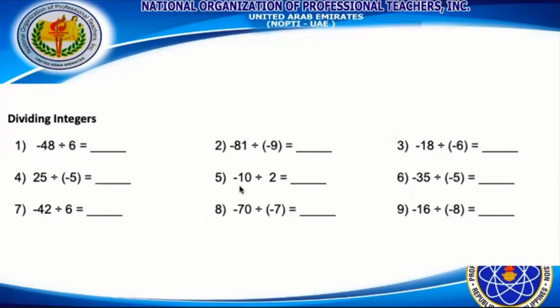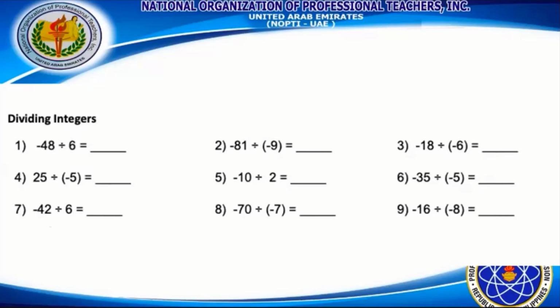Number 5, negative 5 din. Number 6, parehong negative. So, the answer is 7. Ito, number 7 is negative 7. Number 8, positive 10. And number 9, positive 2. Okay? So, madali lang ang multiplication and division of integers.